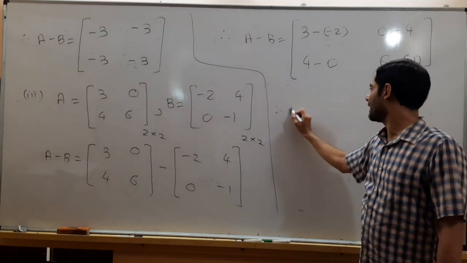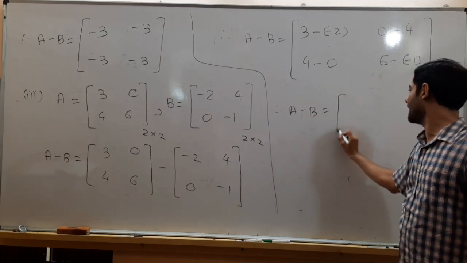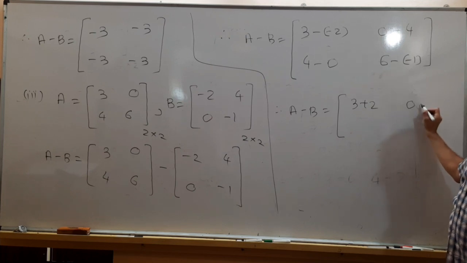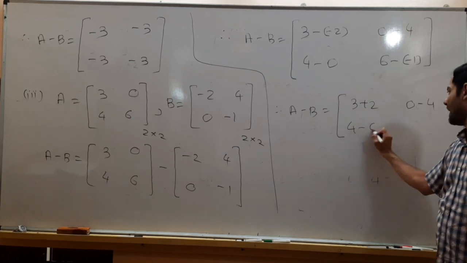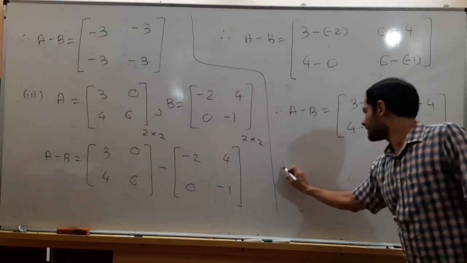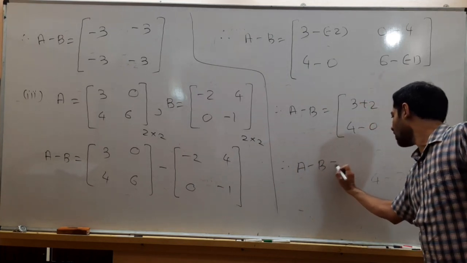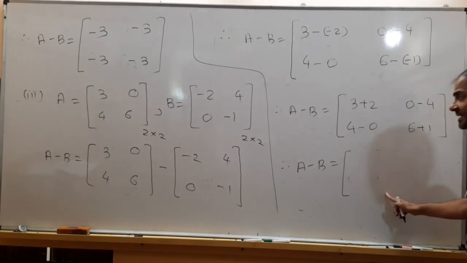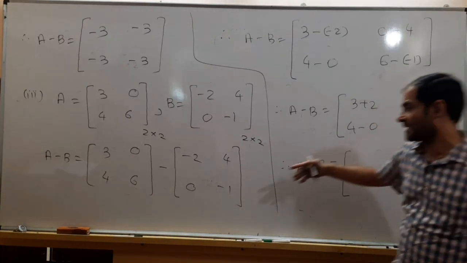So what do you end up getting? A minus B, you end up getting as 3 plus 2, 0 minus 4, 4 minus 0, and 6 plus 1.